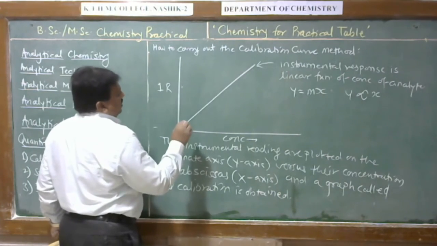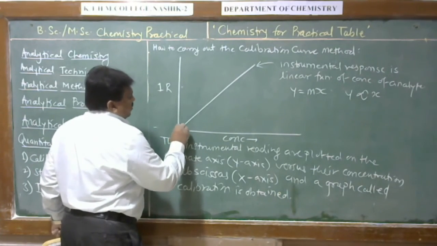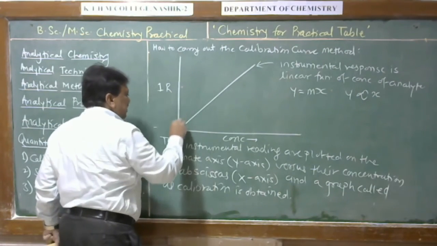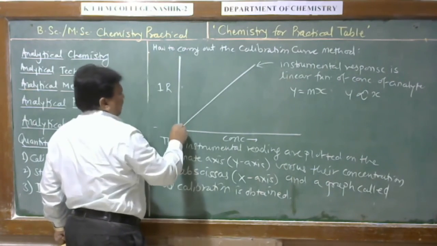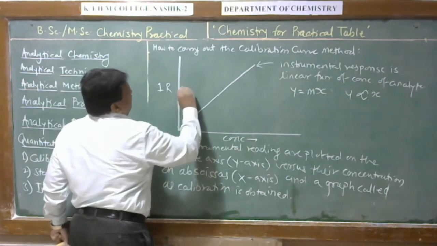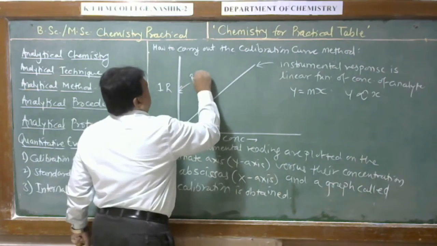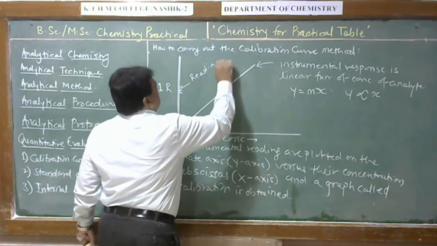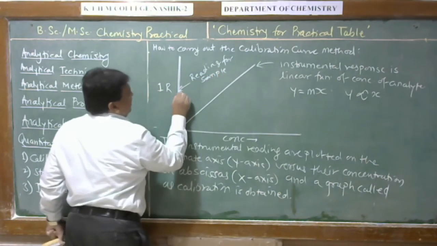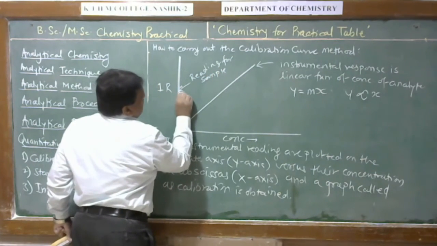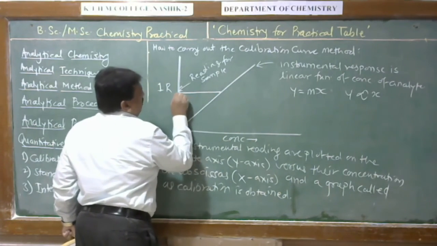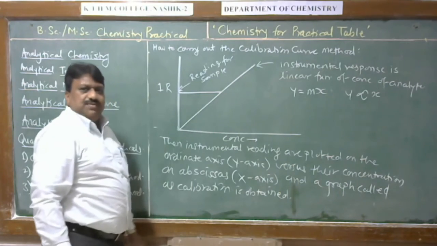From this calibration curve, whatever instrumental reading we have to obtain, that we have to search on this ordinate axis, that is on y-axis. Suppose this is an instrumental reading for the sample. Then from this instrumental reading, a straight line parallel to concentration axis is drawn up to the calibration curve.